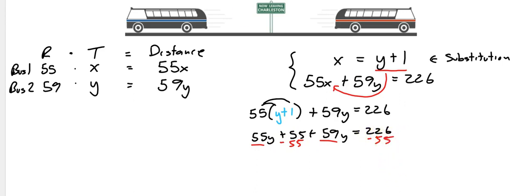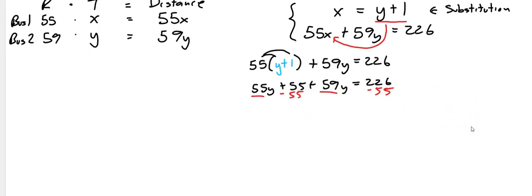When we do that, we're going to get 55 plus 59. Use your calculator. Don't be freaking out about that. Use your calculator as much as possible. 114y. And once we subtract over here, we're going to get 171. Notice we have a multiplication, so we're going to divide that off both sides, and we're going to get y equals 1.5.